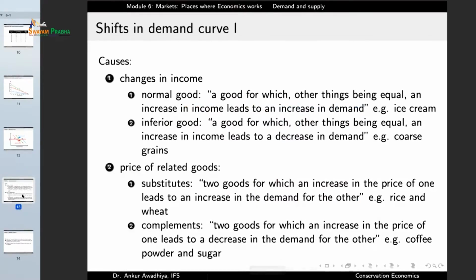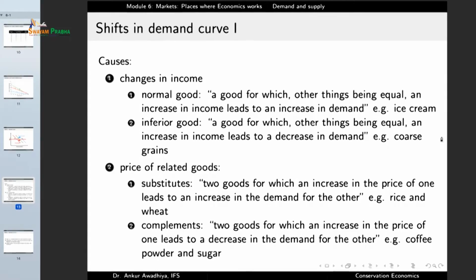Now, what can cause such shifts? Things include changes in income. So, if there is a normal good and you have an increased income, then you will demand more quantity of the good. A normal good is defined as a good for which, other things being equal, an increase in income leads to an increase in demand, such as ice cream.